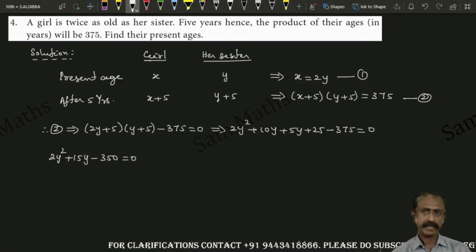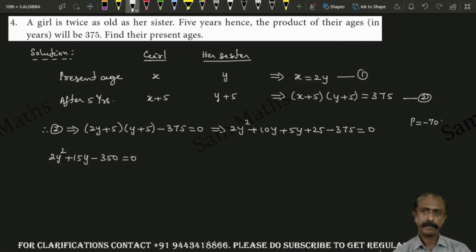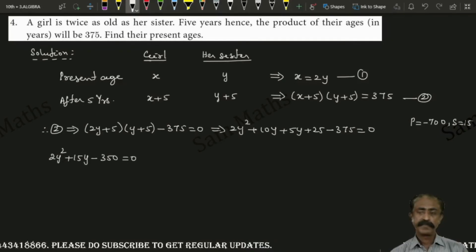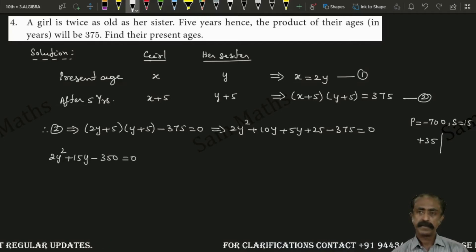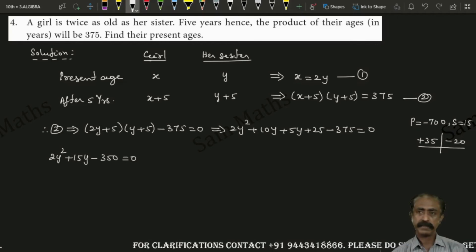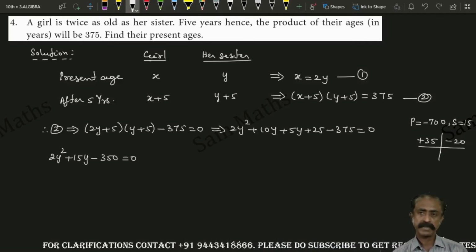Here it's very clear that the product is minus 700 and sum is 15. Therefore, the numbers are plus 35 and minus 20. You add both, you are getting plus 15. Take the products, we are getting minus 700.